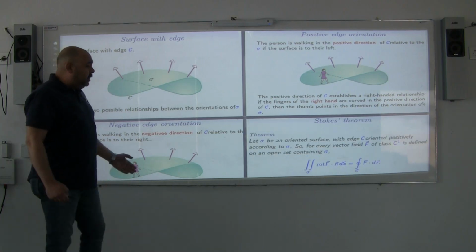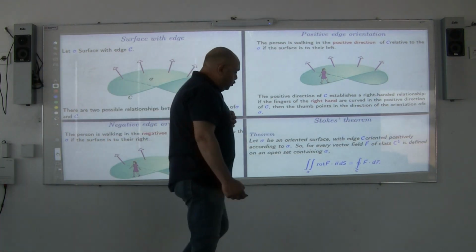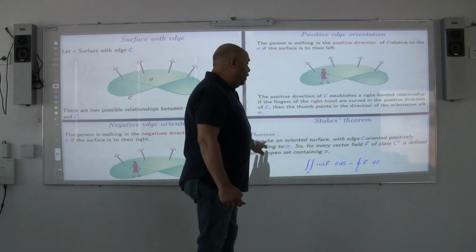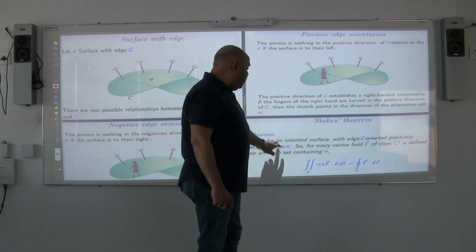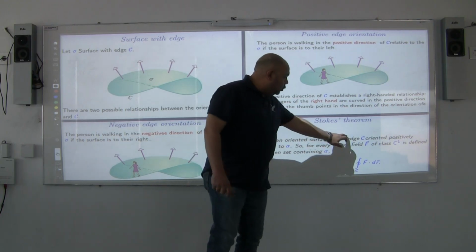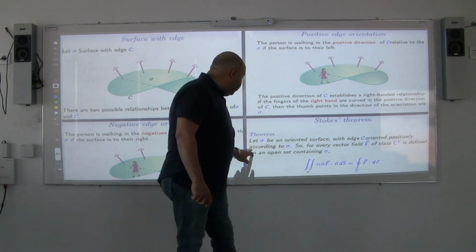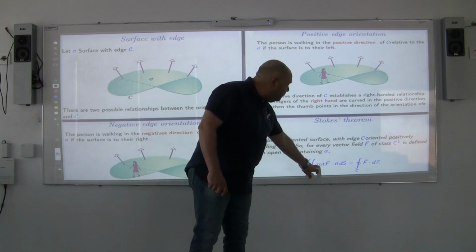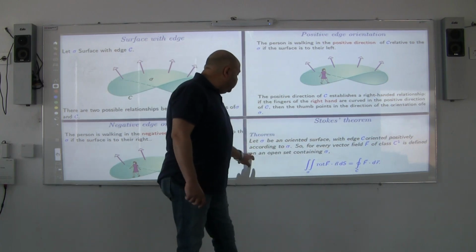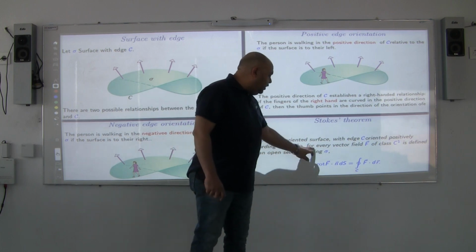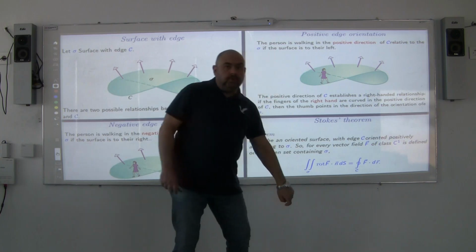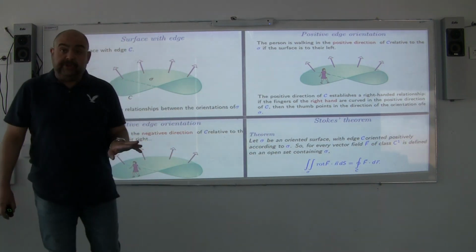And Stokes' law states that if I want to evaluate the surface integration for this closed surface, let sigma be an oriented surface with edge C oriented positively according to sigma. So for every vector field F of class C1 defined on an open set containing sigma, I can replace the surface integration by the contour integration according to this relation.